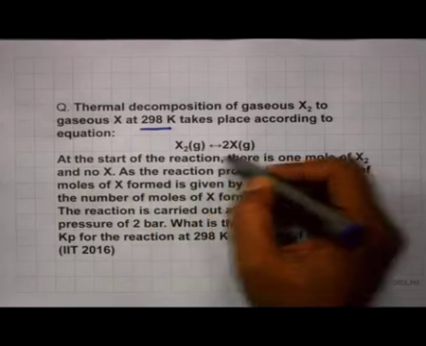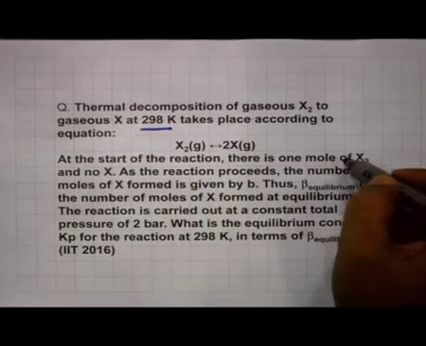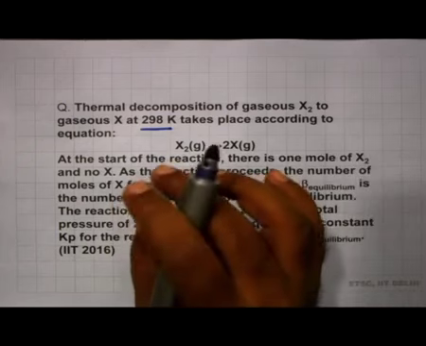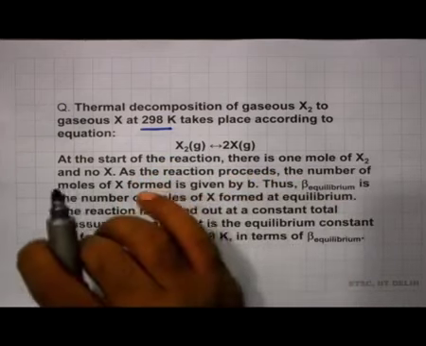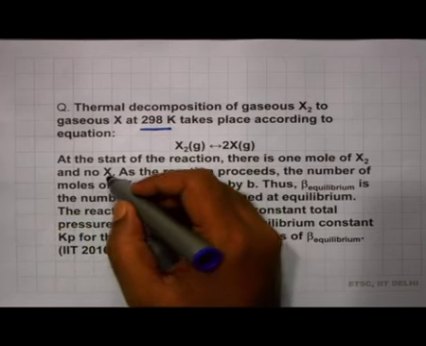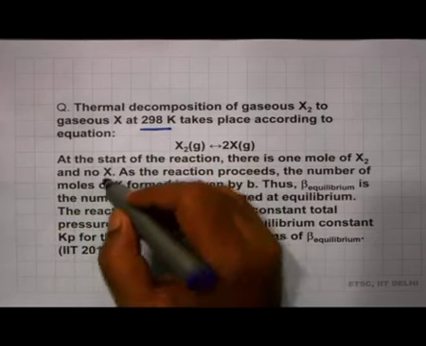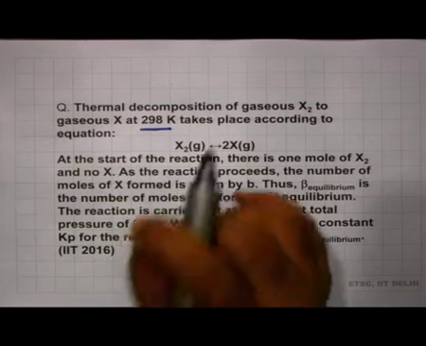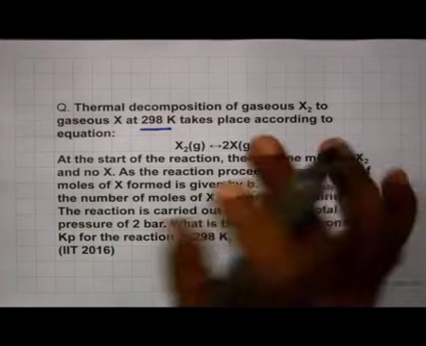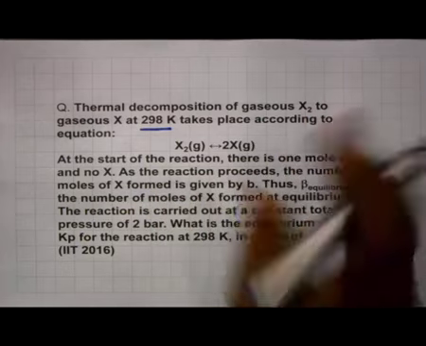At the start of the reaction there is 1 mole of X2 and no X. So, the initial mole of X2 is 1, whereas 0 is the number of moles for X. Okay, so you started with pure X2.